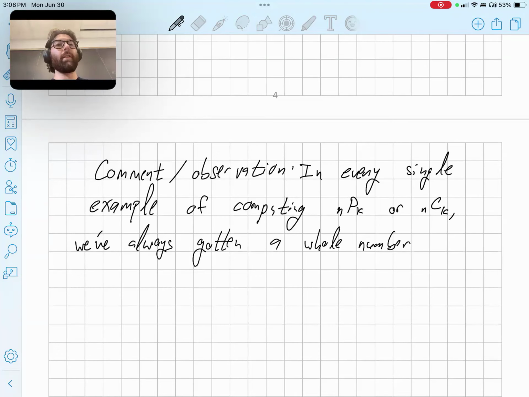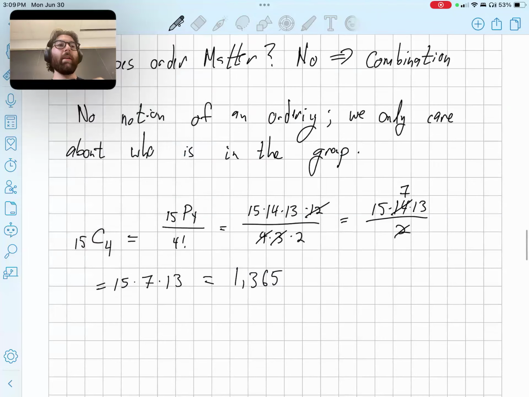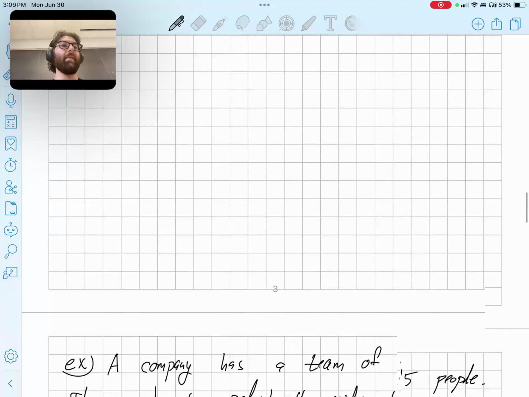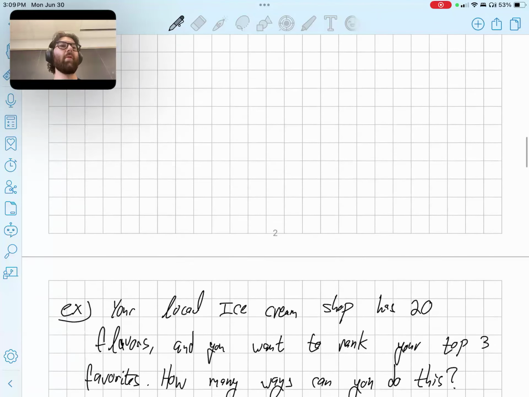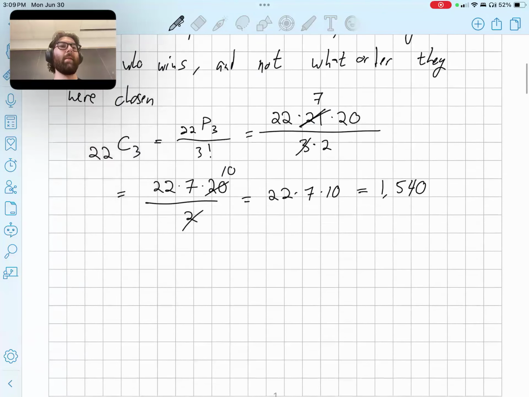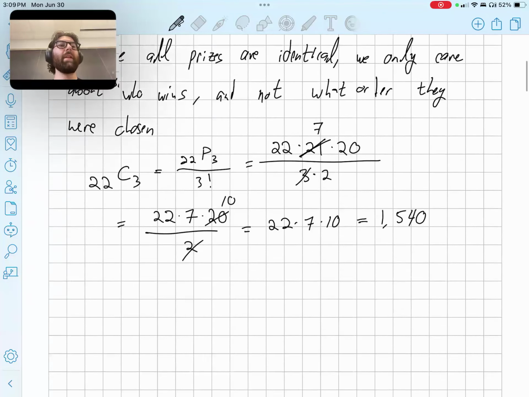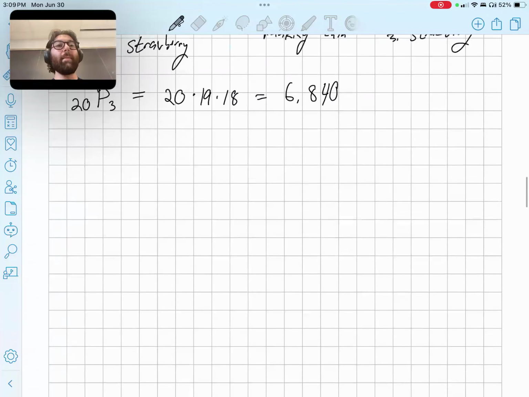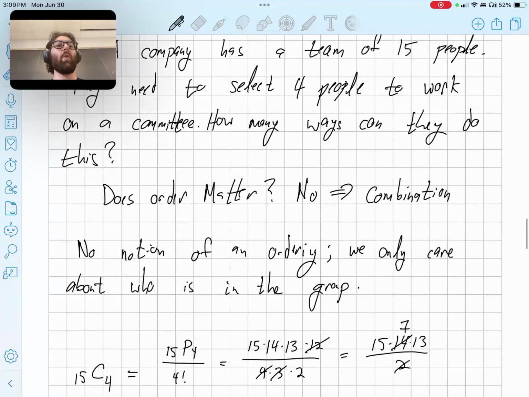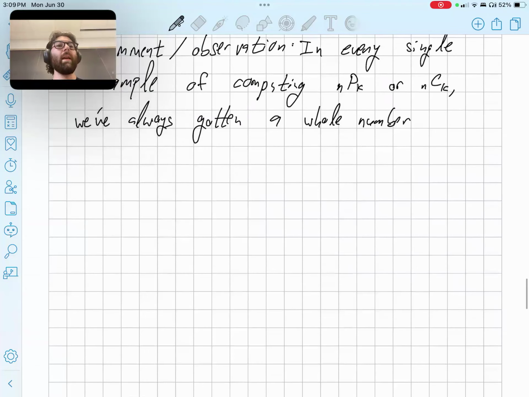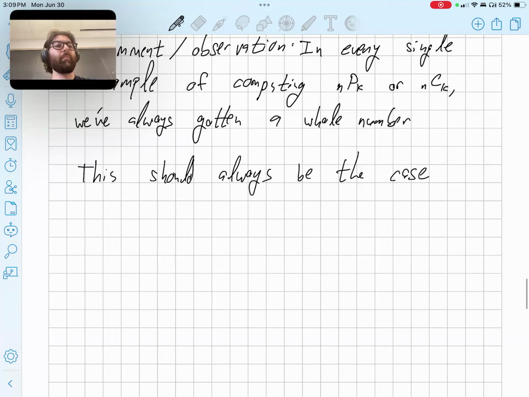Not every factorial expression will give you a whole number, but n permute k and n choose k, we had 1,365, 6,840, 306, 1540. All of these are whole numbers. And in all of our examples in previous videos, they've always been whole numbers. And so this should always be the case.